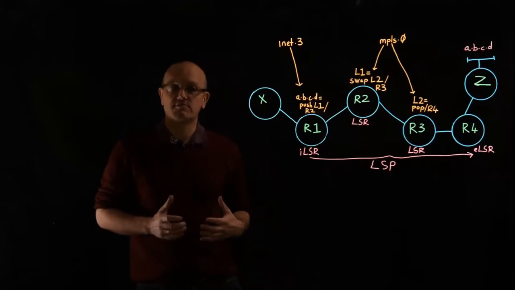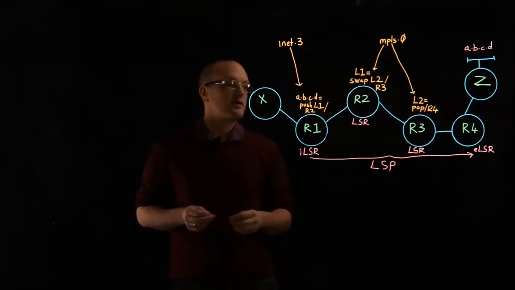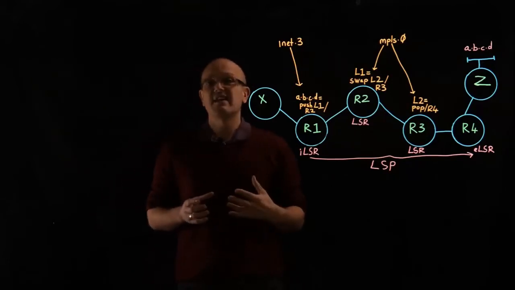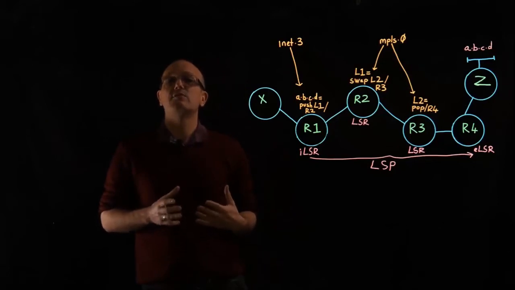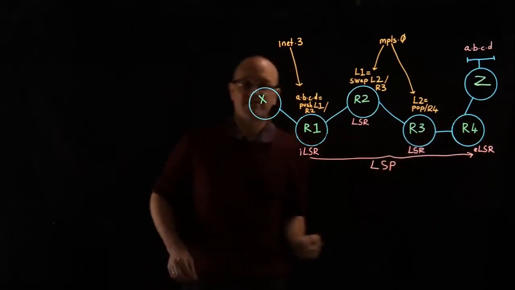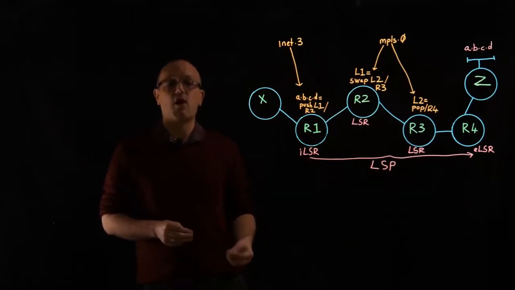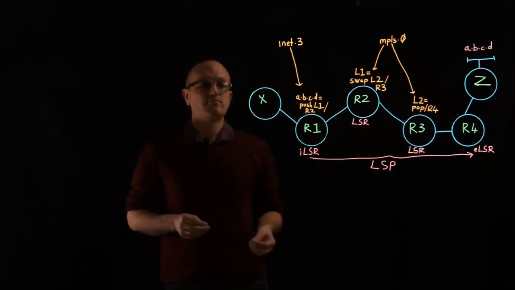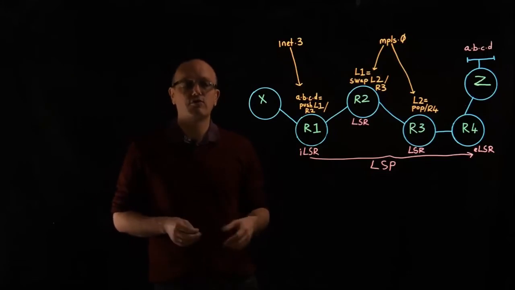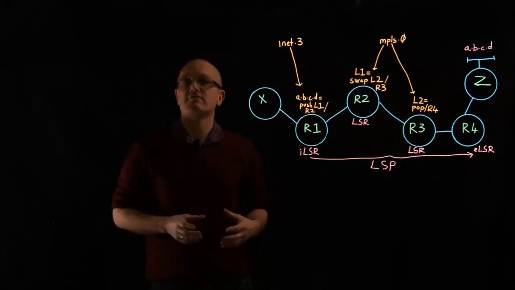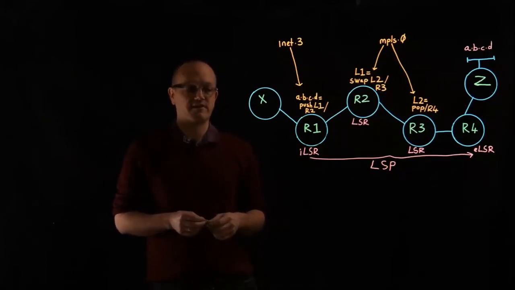If we didn't want to perform penultimate hop popping, and we wanted to get the packet still with a label to our egress LSR, then we would advertise a reserved label of 4. So these values, 3 is what's called implicit null, and 4 is what's called explicit null.